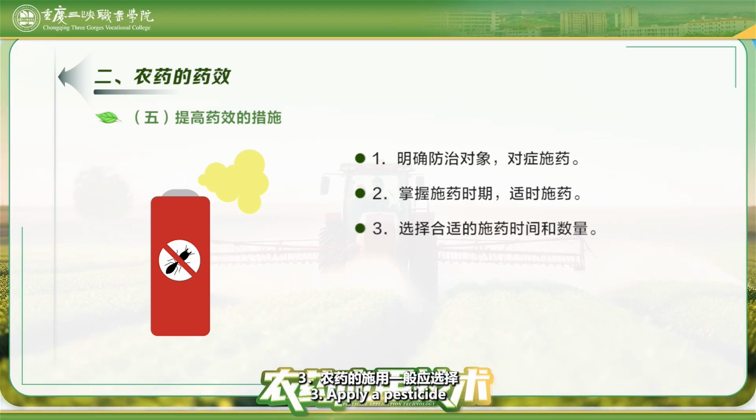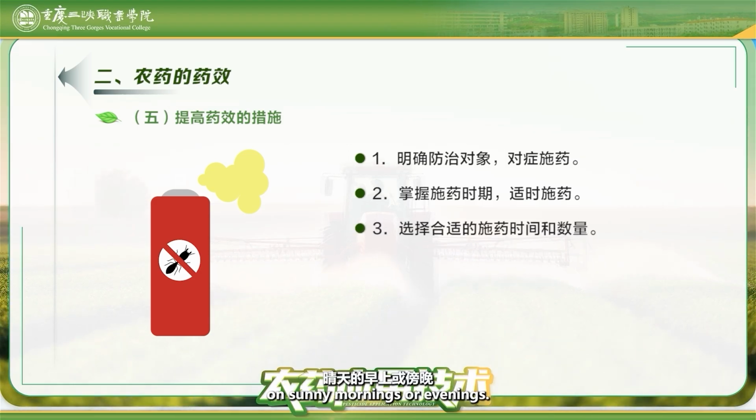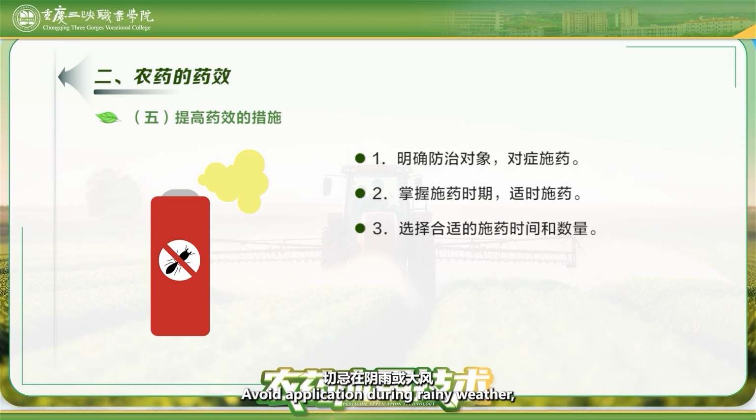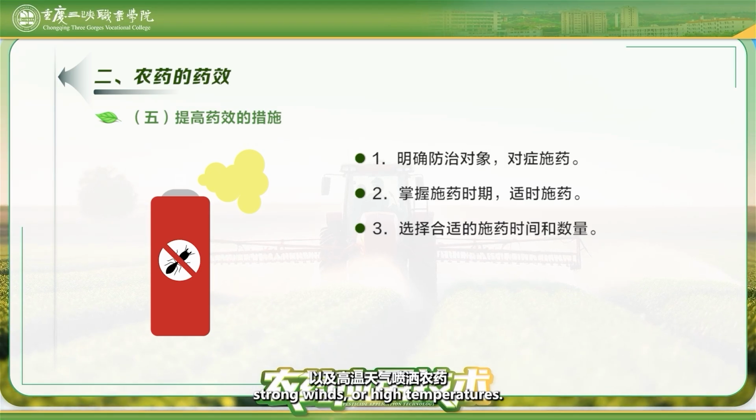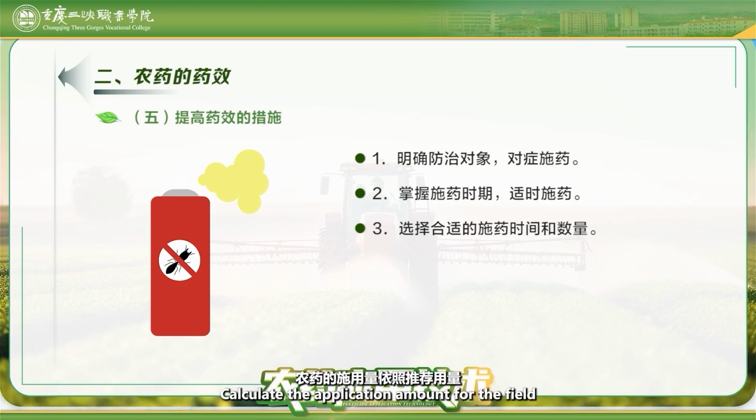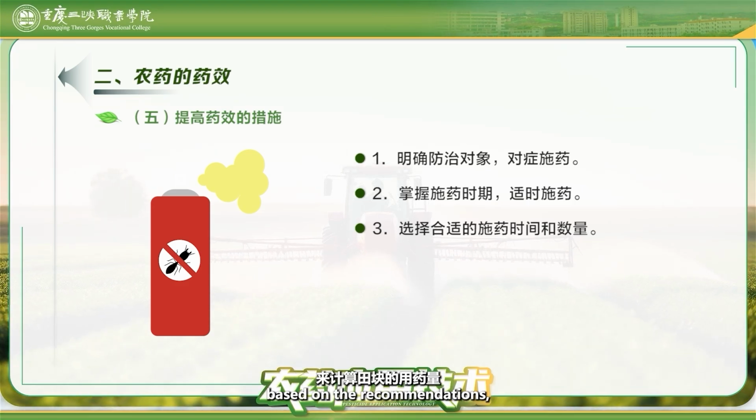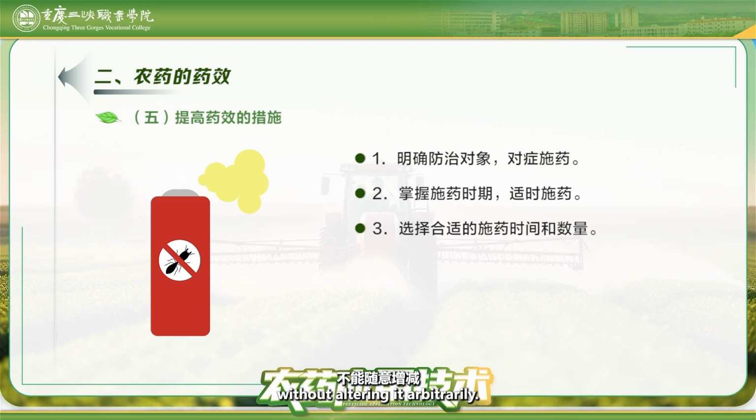Apply a pesticide on sunny mornings or evenings. Avoid application during rainy weather, strong winds, or high temperatures. Calculate the application amount for the field based on the recommendations without altering it arbitrarily.